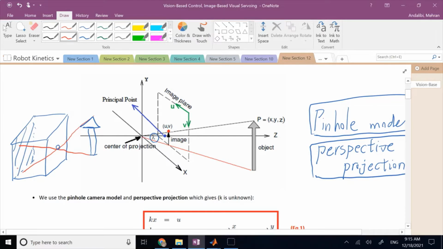And then here you have two triangles. If you just look at it in 2D and from one side, you have basically two triangles that are similar to each other. So here is going to be the picture of the object, this one. Let me try it a little bit better.